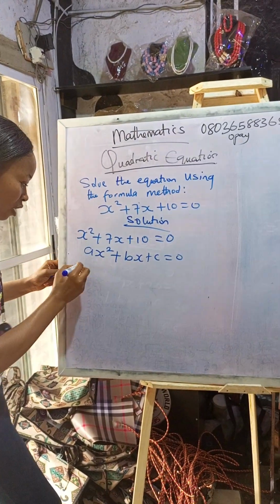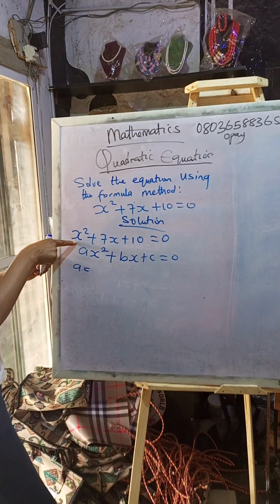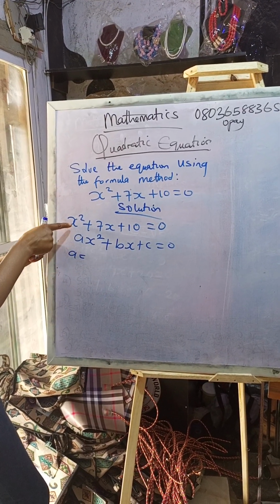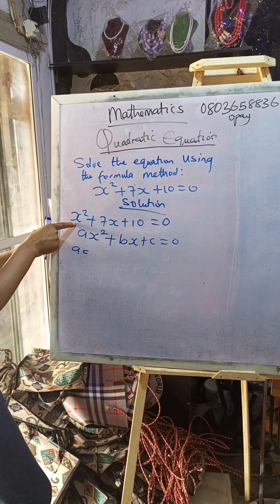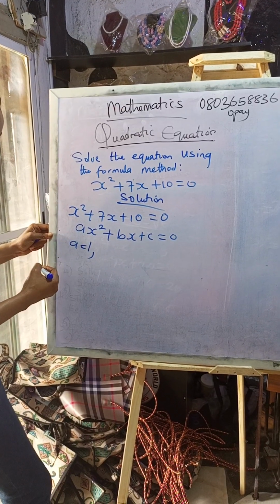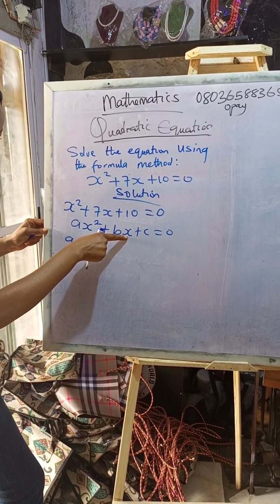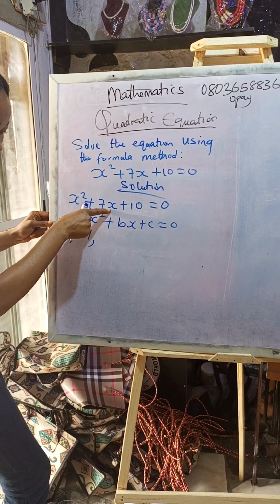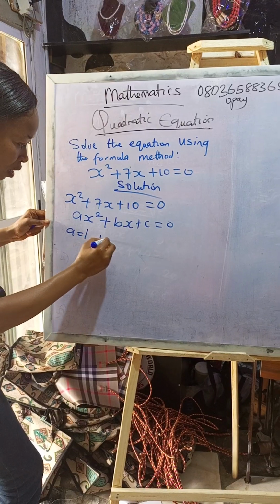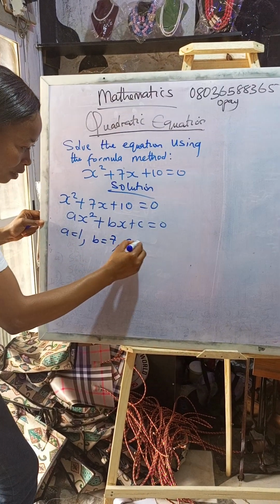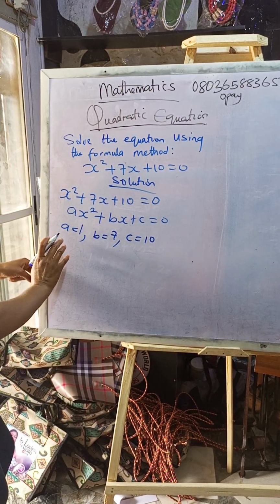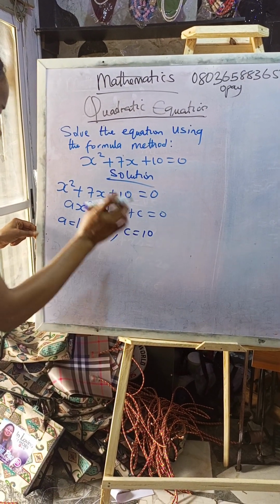The coefficient of x squared here is a, and here it is 1. The coefficient of x is b, so my b is 7. My c is standing alone, which is 10, a constant. So I have been able to get my a, b and c.